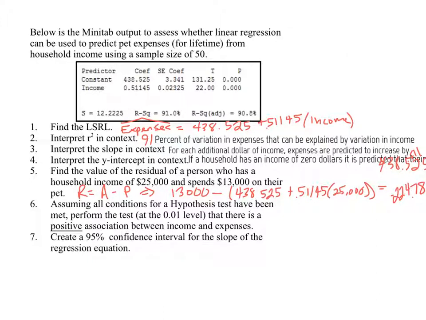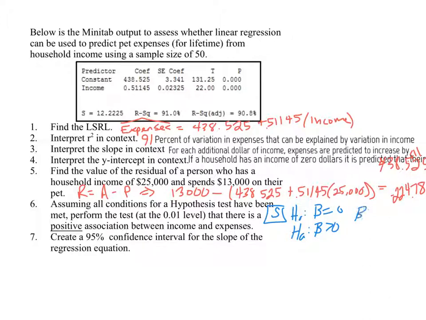Okay, assuming all conditions for a hypothesis test have been met, perform at the 0.01 level a test to see if there is a positive association. Okay, so let's do this right here. Our state, the null, is that the slope is 0. The alternative, in our case, we're checking for a positive slope like this.